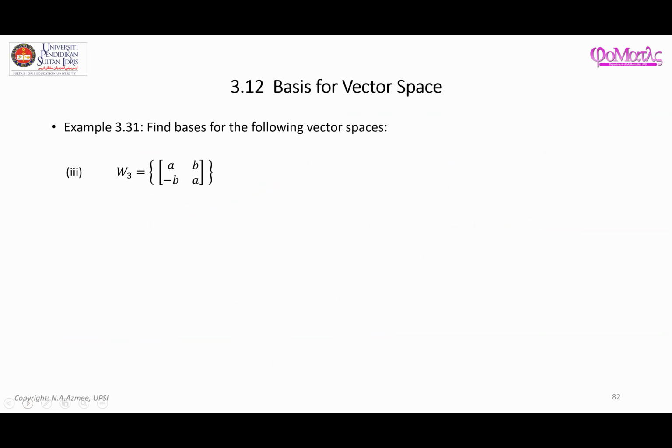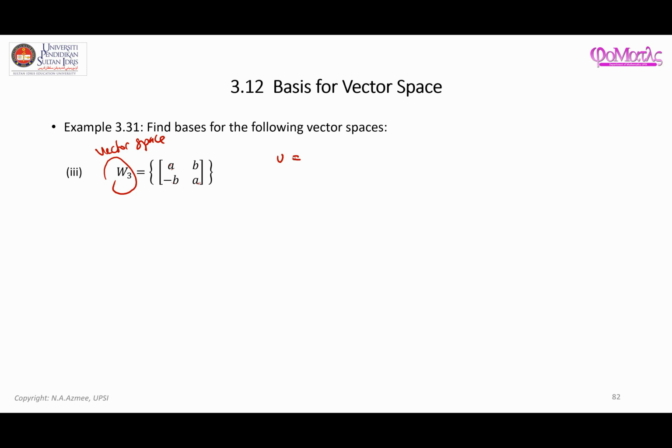So in this example here, we have a vector space that is defined in terms of a 2 by 2 matrix. And here there is a specific arrangement where you have to have the same values for these two parts, and the values here are also the same but different in terms of negative and positive sign. So therefore we can think of an example of a matrix as such.